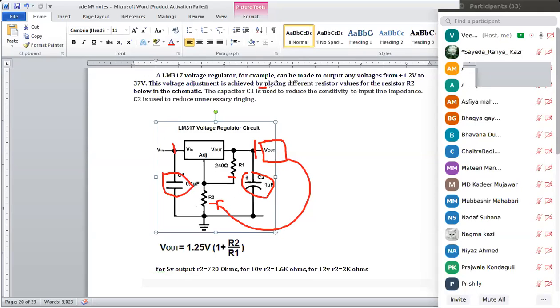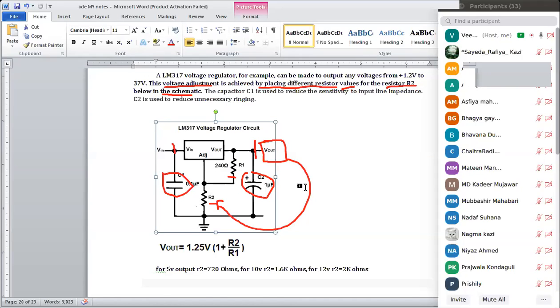So by placing different resistor values for the resistor R2 in the schematic, we can achieve the voltage adjustment.